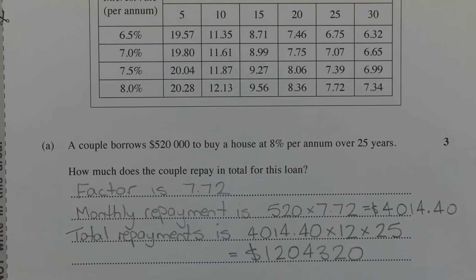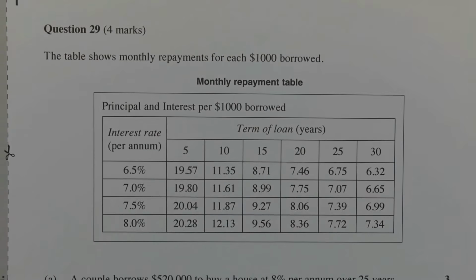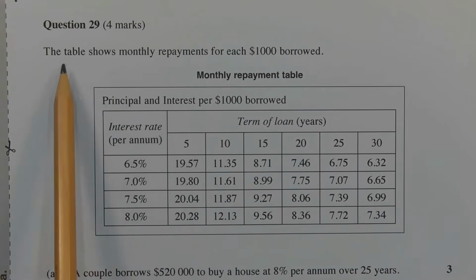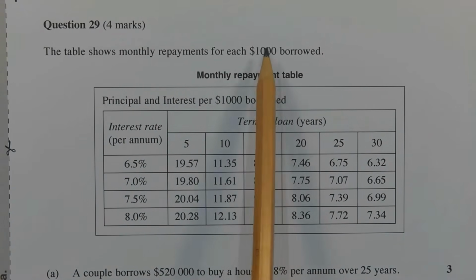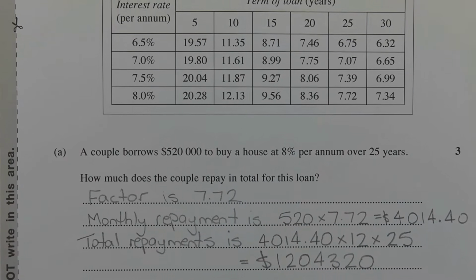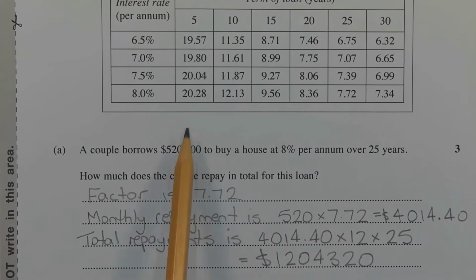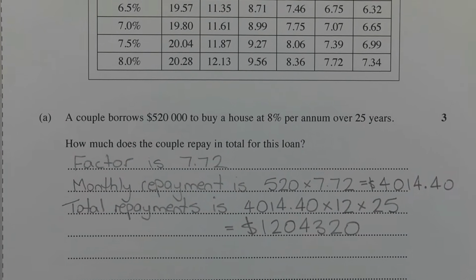The next step is to determine the monthly repayment. So if we go back to the beginning, the table shows the monthly repayments for each $1,000 borrowed. So the question is, how many lots of $1,000 is in $520,000? In fact, if we just scratch out these 3 zeros here, we have 520 lots of 1,000.